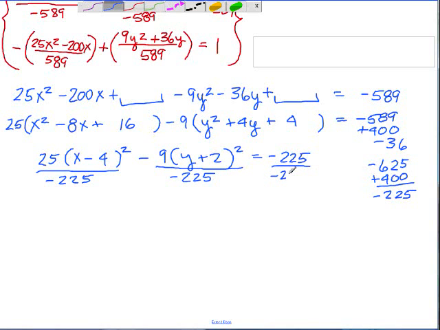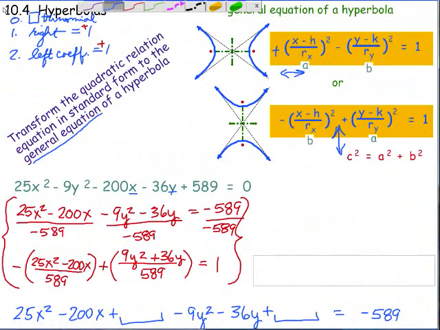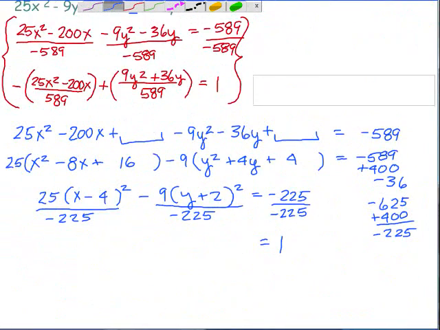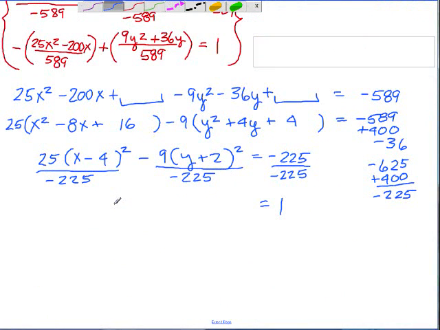Yes. Better to do that, completing the square, before you go into steps 1 and 2. So now I have that right member. So we did this. Now we're doing this. And finally, the left coefficients need to be positive 1.